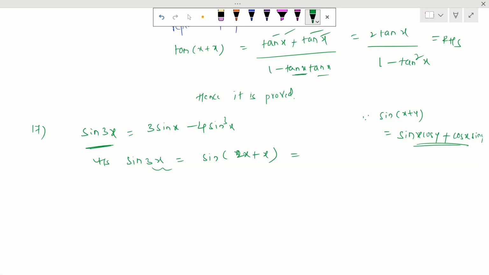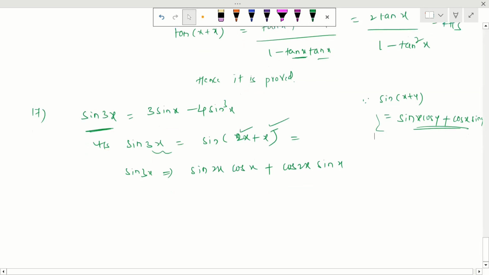In the same manner we have to put this value. So here sine of the first term 2x times cos x, which is the second term, plus cos of the first term times sine of the second term. I have written this as per this formula.